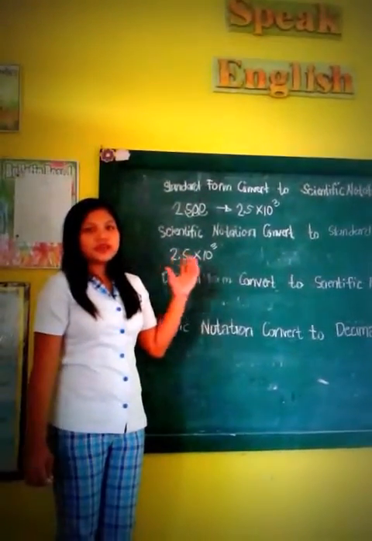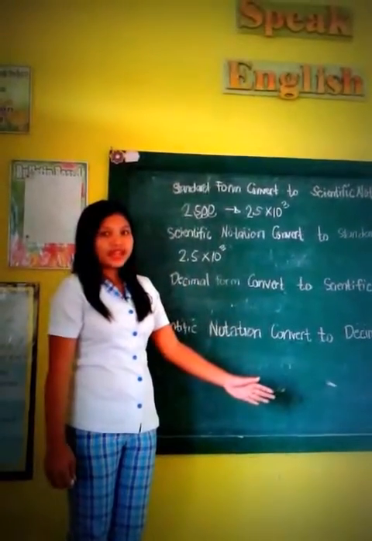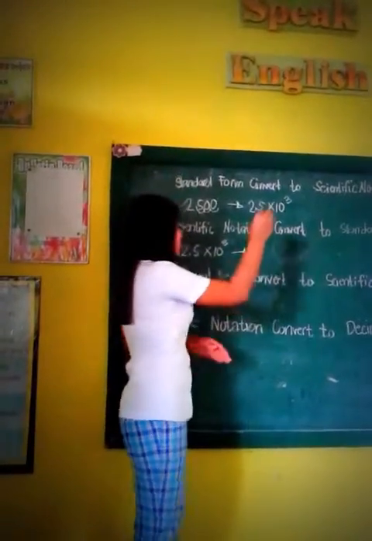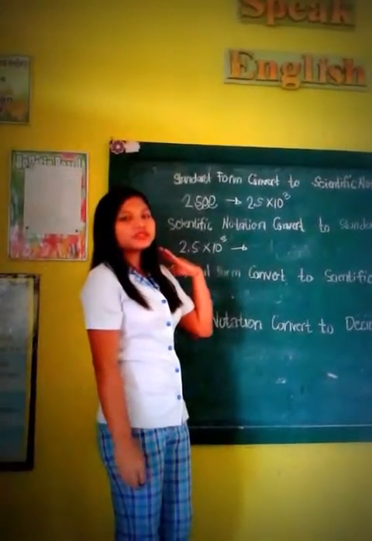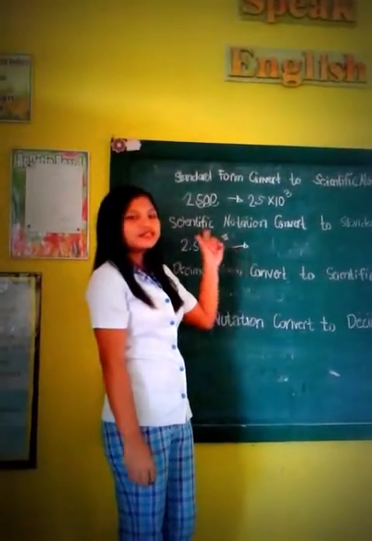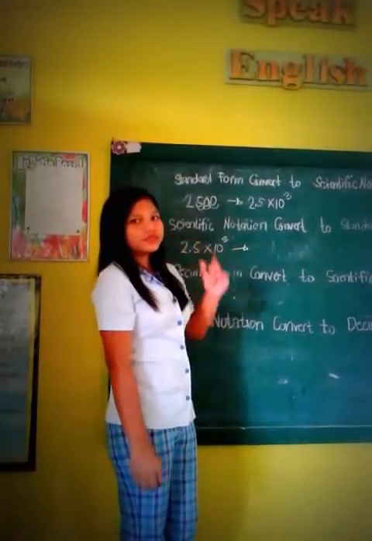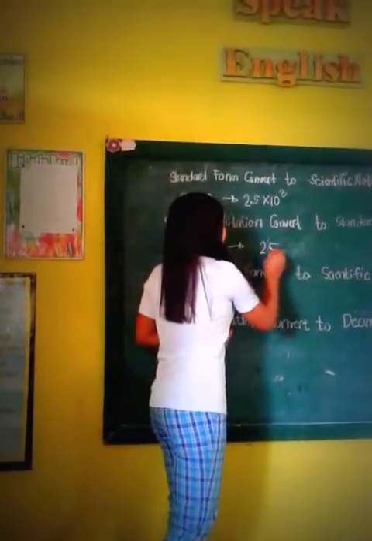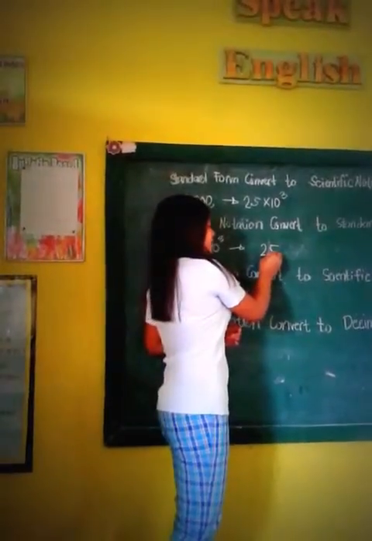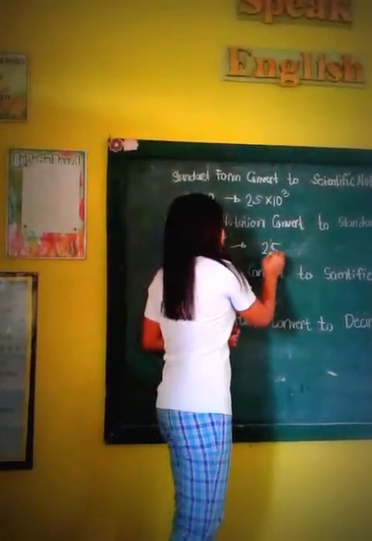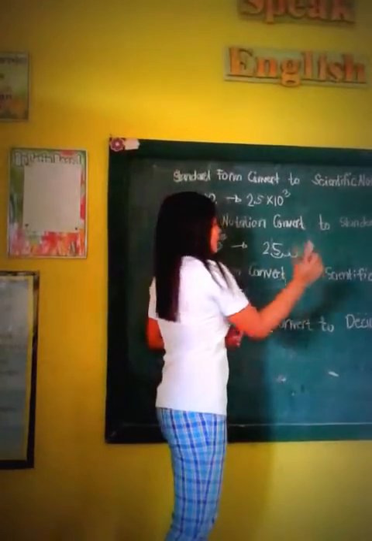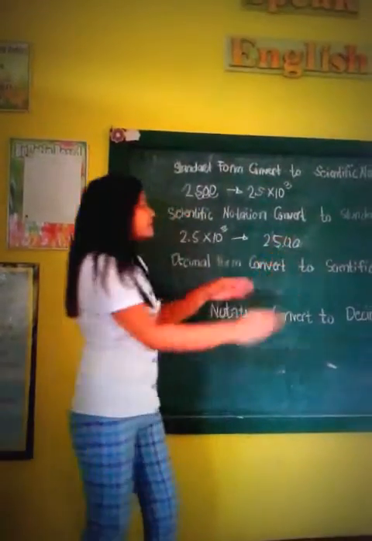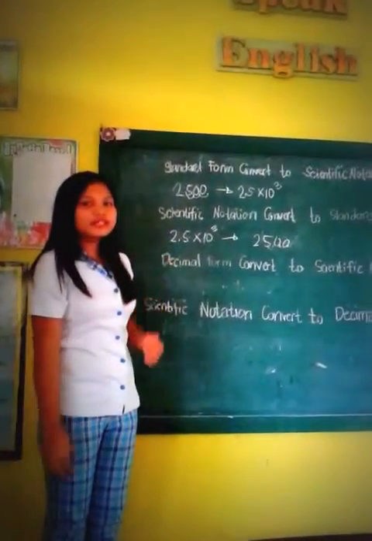In order to convert it into the standard form, we are going to move the point 3 places because the exponent here is 3. Then 2.5, you have a point here, so you must move it 3 places. 1, 2, 3. Okay, just put in 2 zeros. 1, 2. So now this is the standard form of the scientific notation.